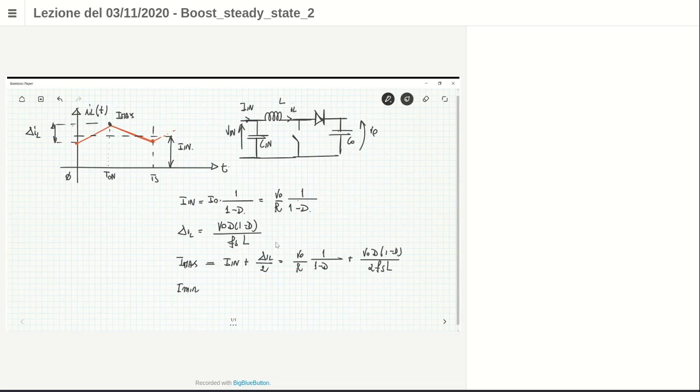In the same way, we can get the minimum current, which is I average minus delta IL divided by 2. So it's the same expression with a minus.